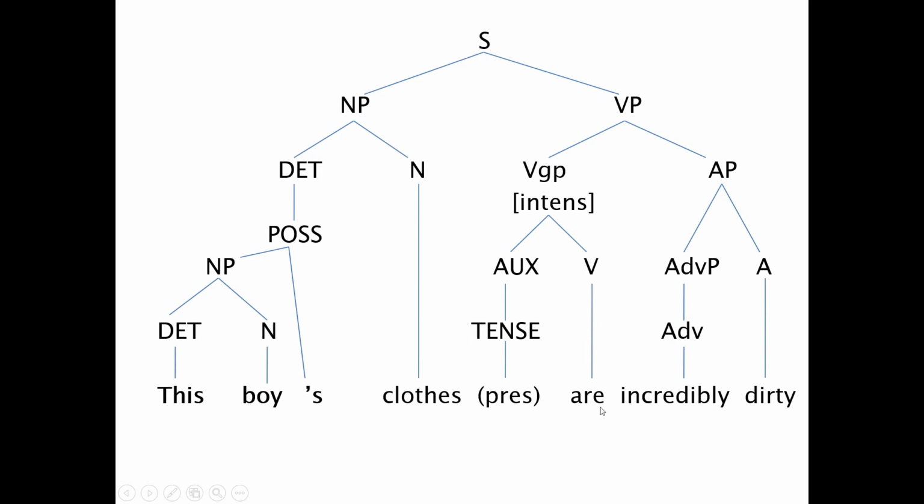That is the verb, so this means it is present tense. Now, incredibly dirty. You don't need to understand all these complicated things. Just focus on this, that the noun phrase consists of a major element, that is the noun, and what follows is not that important.